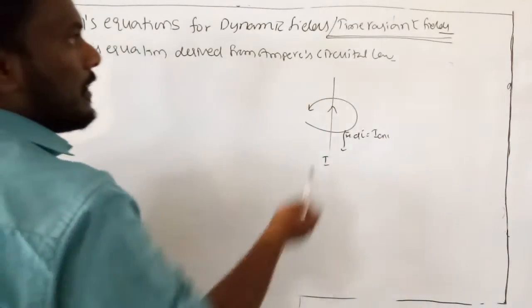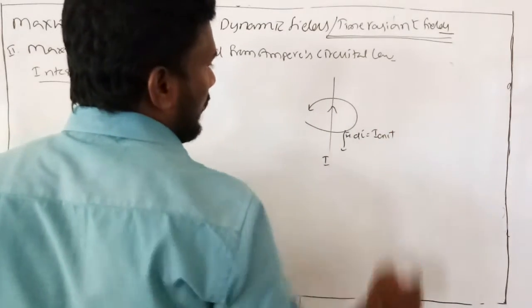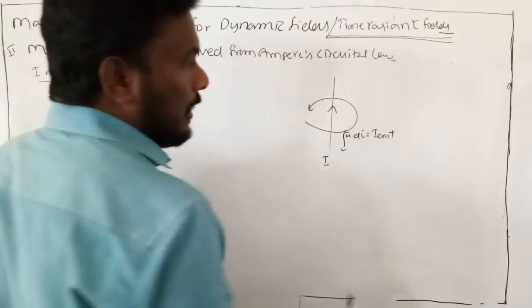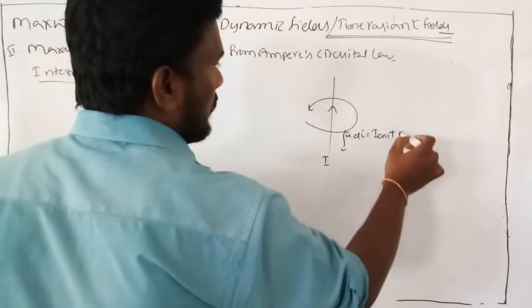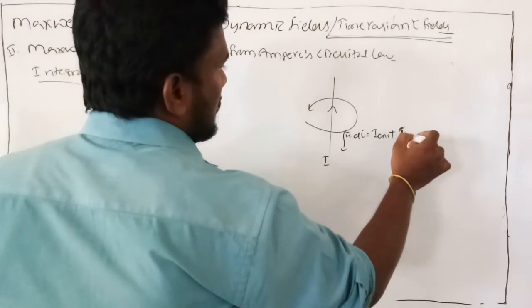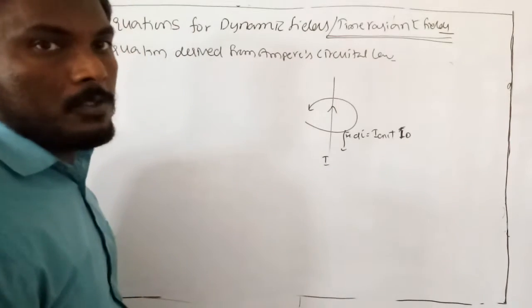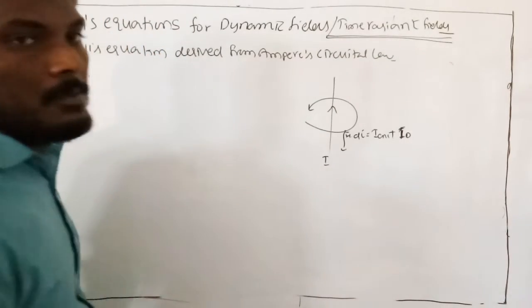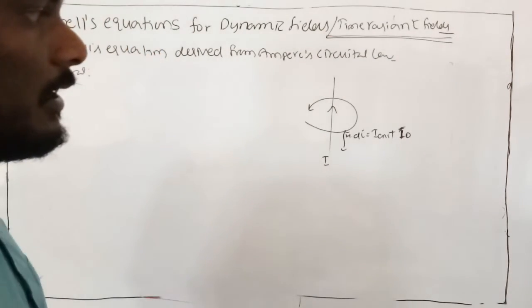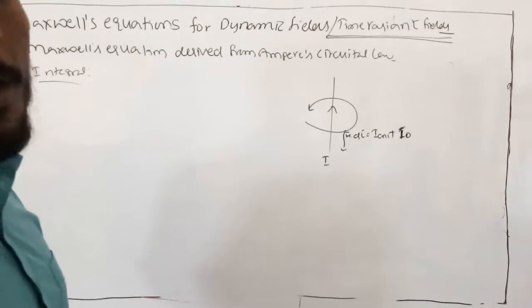But for time variant fields, in addition to the enclosed current, we also write the expression for displacement current. So we should add the displacement current, where the displacement current indicates the time variant quantity.